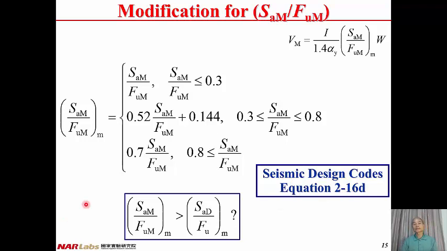And here's my question. Is the ratio SAM divided by FUM modification larger than SAD divided by FU modification? Is the factor for maximum considered earthquake larger than the ratio for design basis earthquake? That's my question. Is it always true?